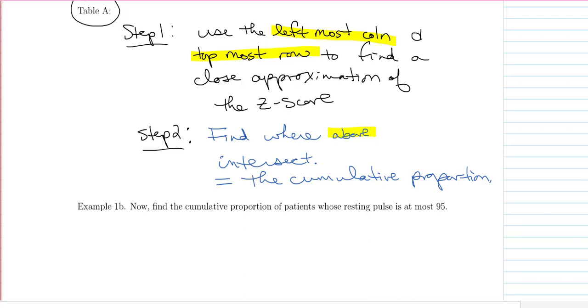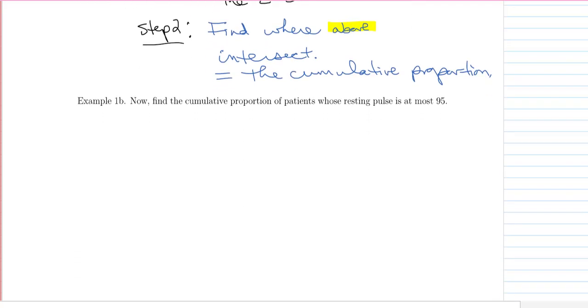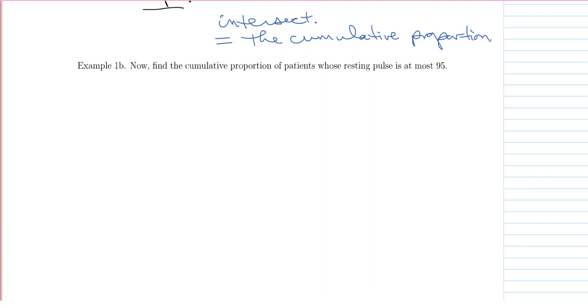Recall that we have the z-score already for x equal to 95. We found in an earlier example that z is equal to 0.2142. Pay attention to keywords.